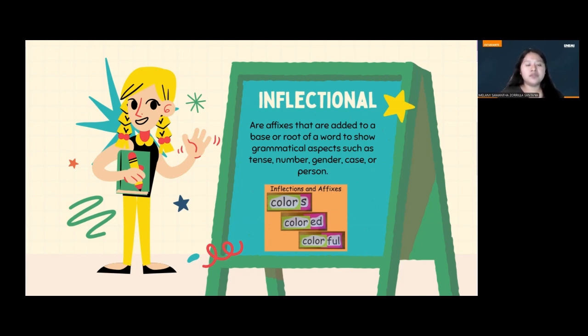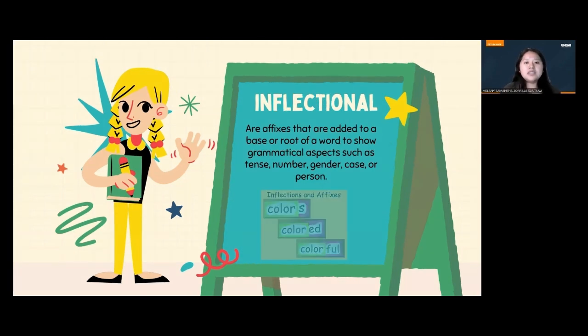Unlike derivational morphemes, which create new words or change their grammatical category, inflectional morphemes only modify the form of a word to conform to grammar rules. Inflectional morphemes always come after derivational morphemes in the word. For example, in happiness, houses, the derivational morpheme ness comes before the plural inflectional morpheme s. Inflectional morphemes do not change the type of the word: nouns remain nouns and verbs remain verbs.